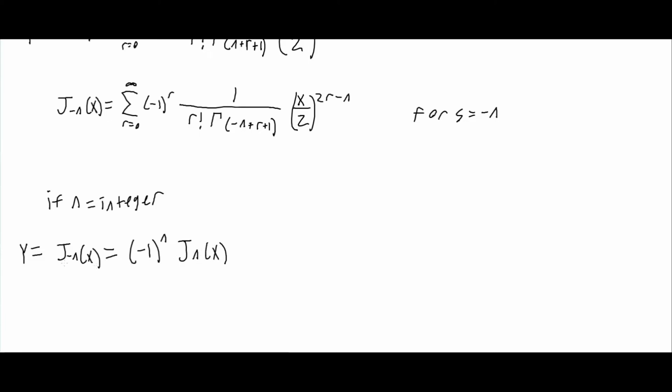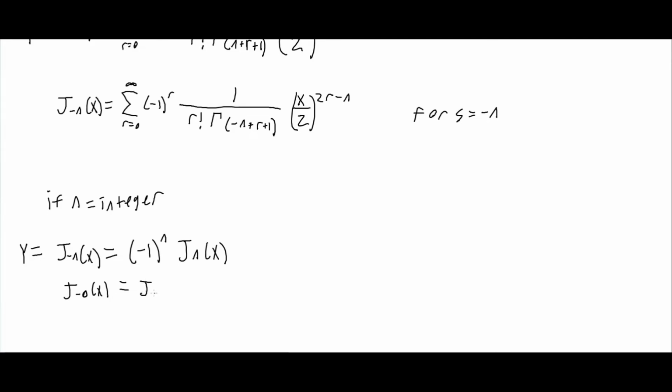And so, for instance, if we said that n was equal to 0, then we would have our J to the minus n of x, I guess I could even put a minus 0 here, is equal to negative 1 to the 0th power, which is just 1.